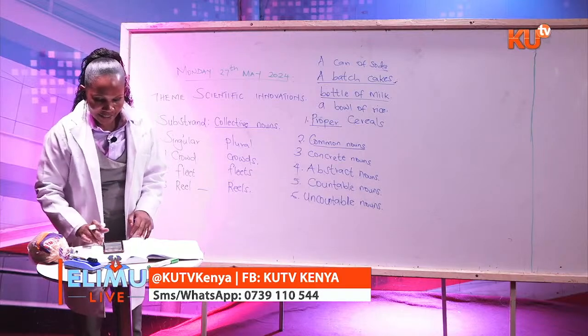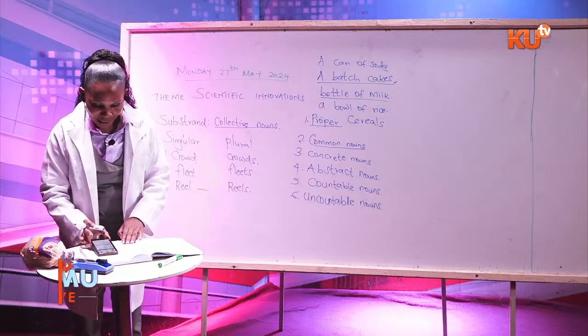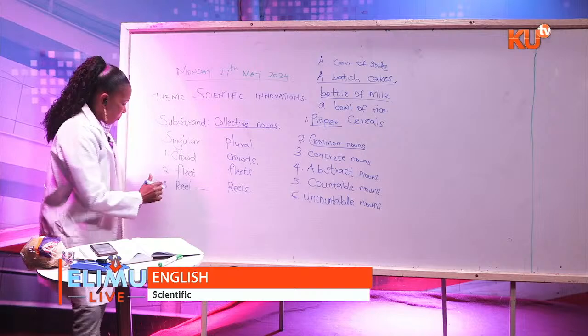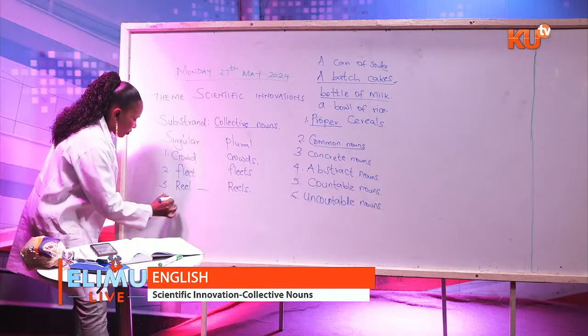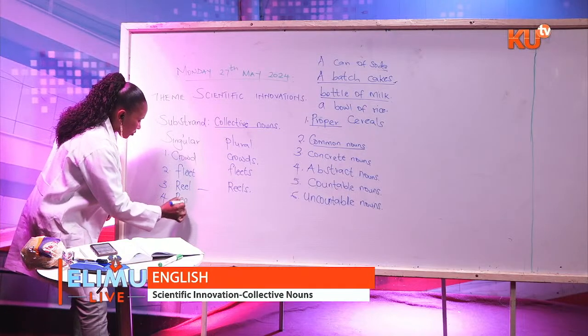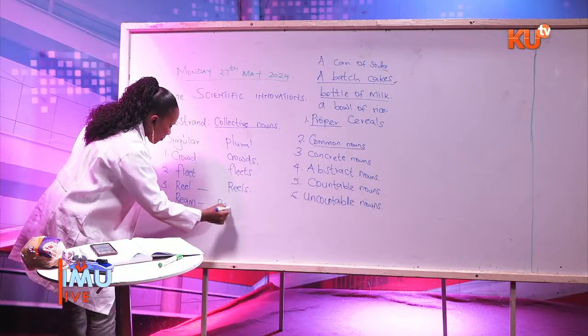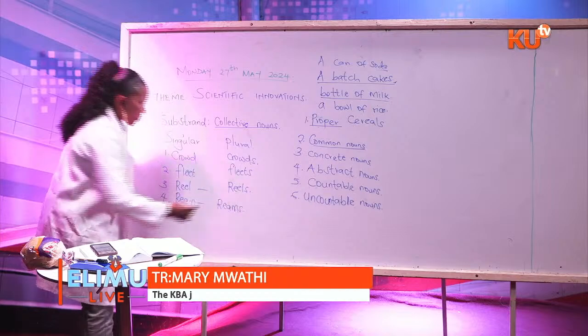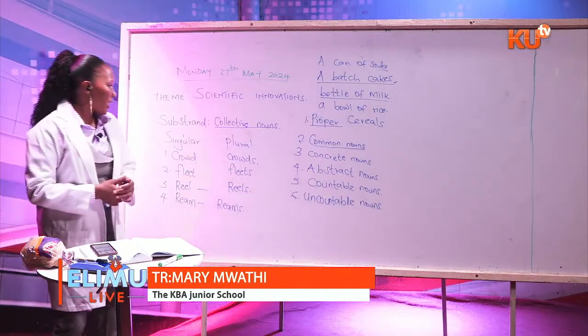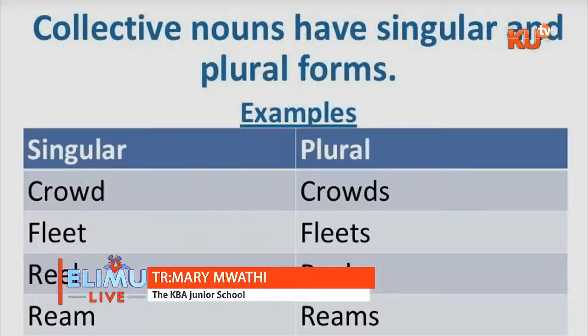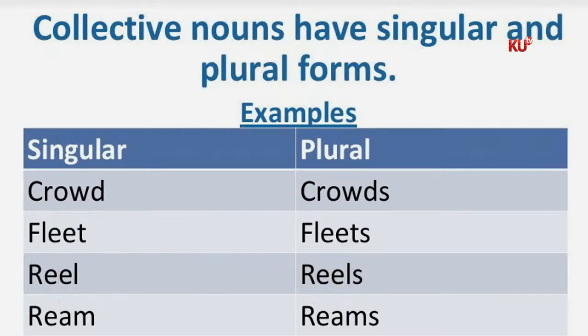We have another, singular for the word limb. It's called limbs. If you look at these collective nouns, they have their plurals. E.g., crowd, we say crowds. Fleet, fleets. Reel, reels. Limb, limbs.